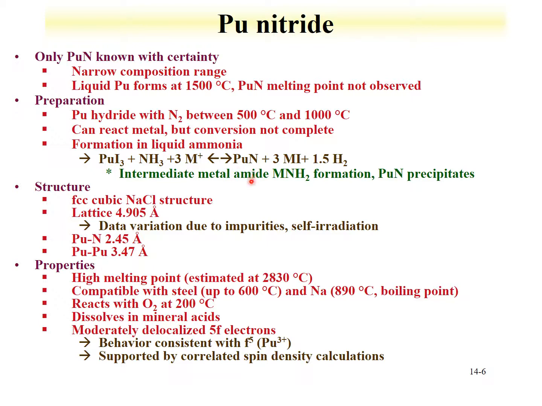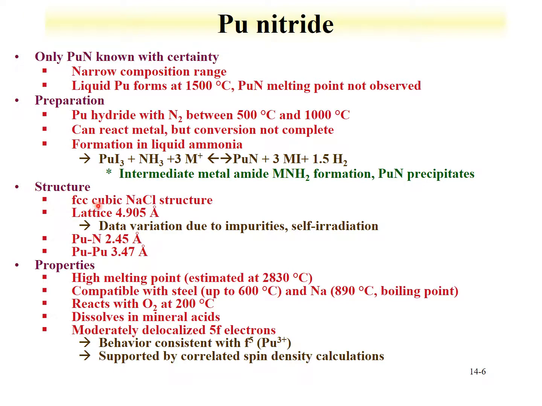With this reaction, you get an intermediate amide formation, and in this, the plutonium nitride will precipitate out of the ammonia solution. This is an interesting synthesis where if you wanted to tune plutonium nitride properties, you could tune them much like a sol-gel process for making nuclear fuel with certain particle size.